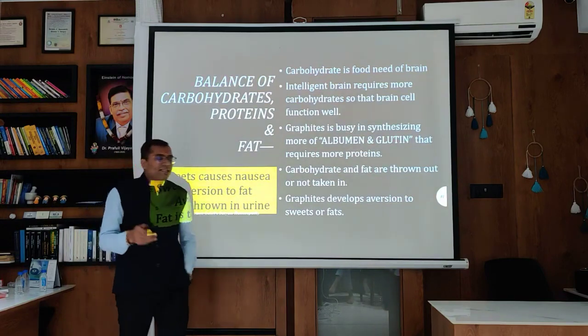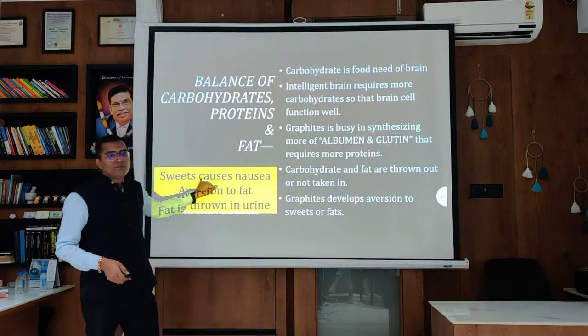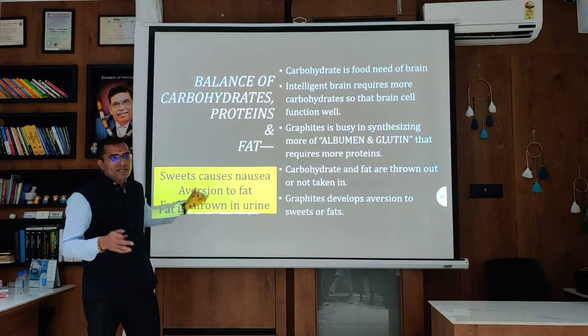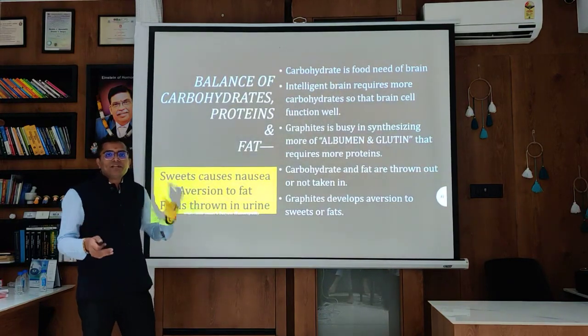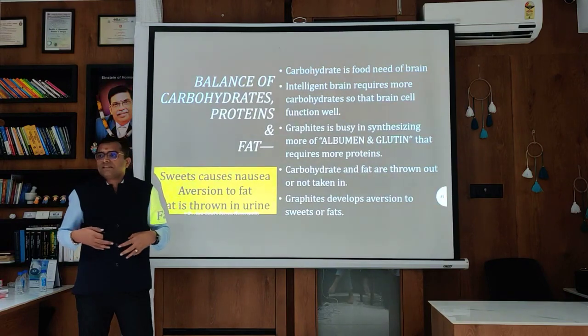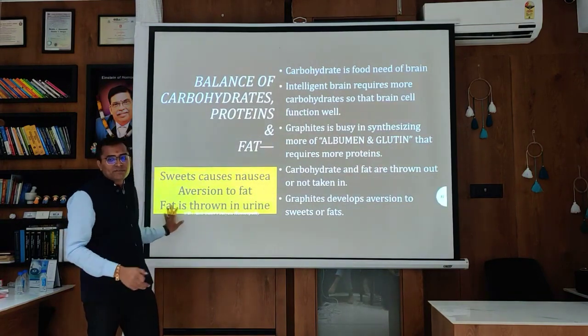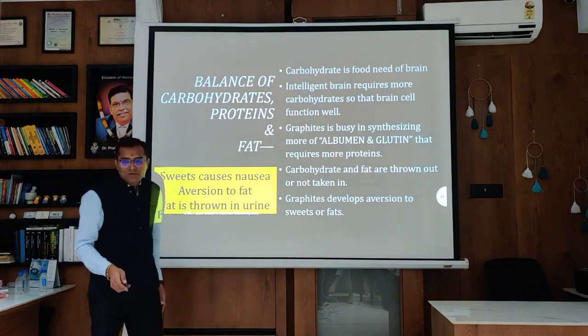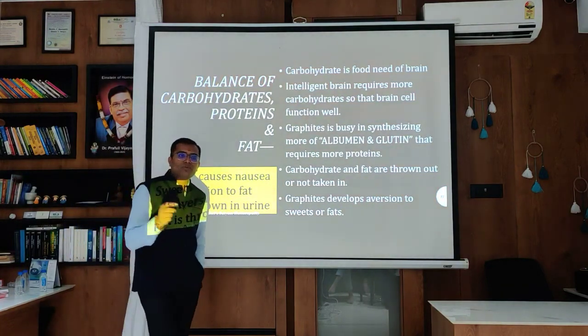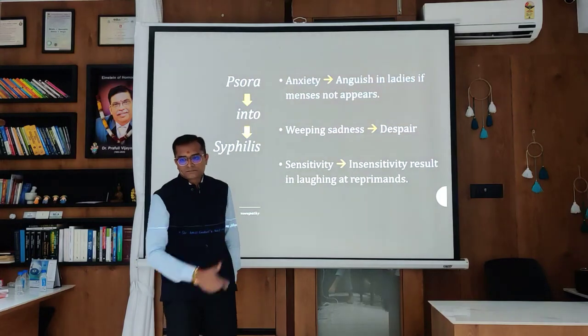That's why sweets and carbohydrate aggravate, because they don't need that. And aversion to fat: when fat gets inside, it cannot digest it, so it goes out in the excretion. So fat is thrown into urine. So Graphites develops aversion to sweet or fat.